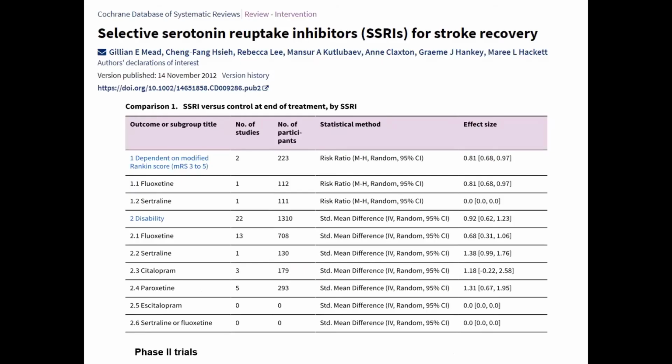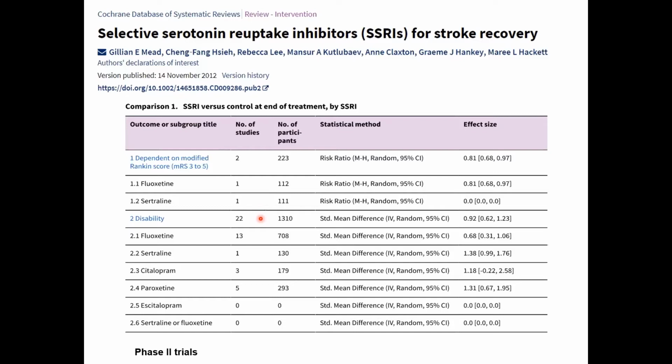Based on data from these studies, many randomized controlled clinical trials using SSRI for stroke recovery were conducted. As you can see here, some trials have a very big sample size, but usually around 100, or a very small sample size around 50 or 40.